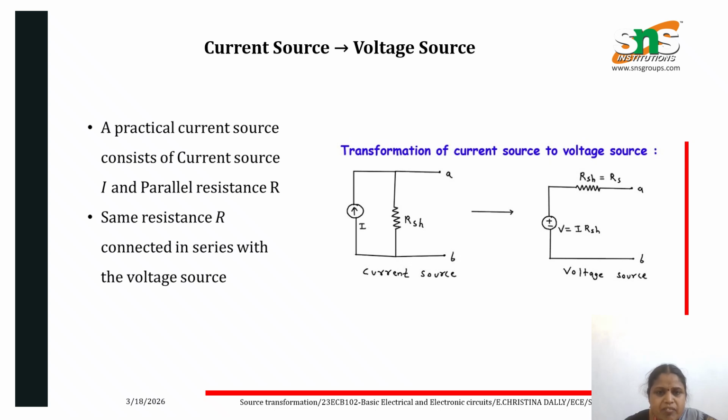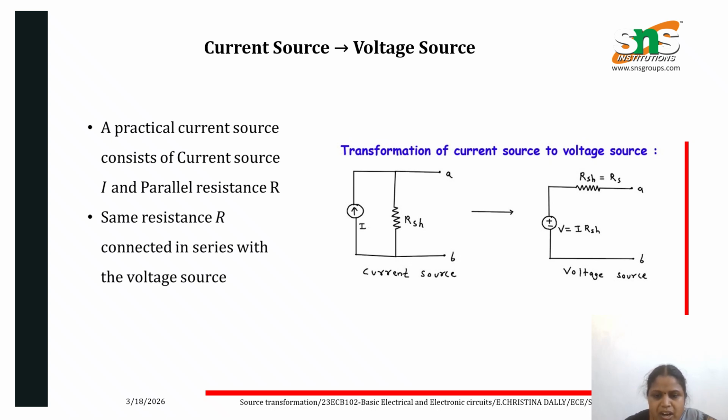The next one, we are going to convert the current source into a voltage source. A practical current source consists of the current source I and the parallel resistance R. The same resistance R is connected in series with the voltage source. Here we have I connected with the shunt resistance R, so this is termed the current source.